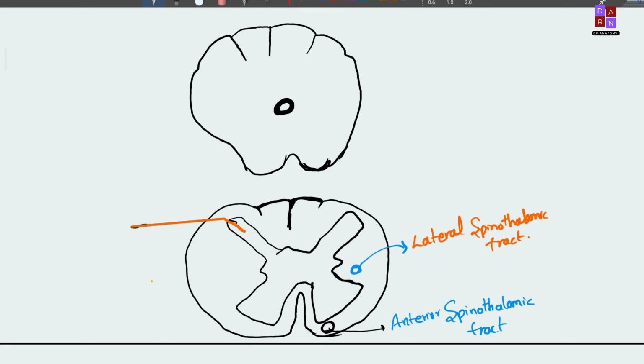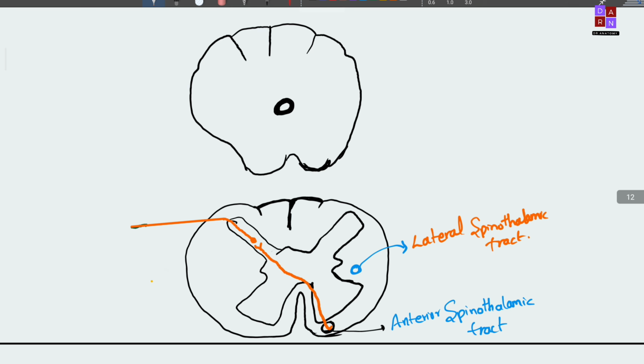There it synapses with the second order neuron. From the central canal, it enters into the anterior spinothalamic tract.